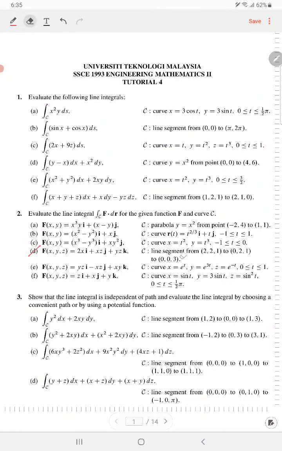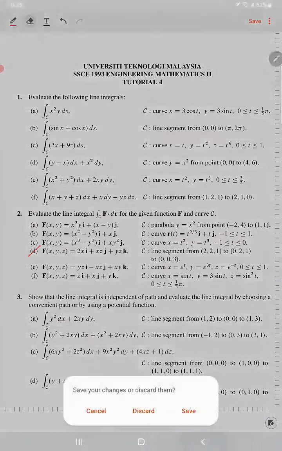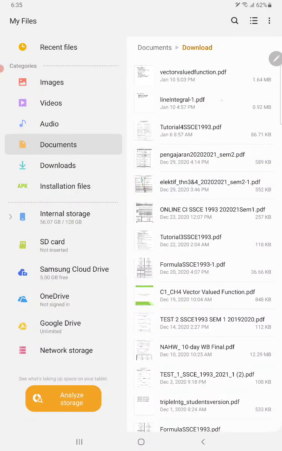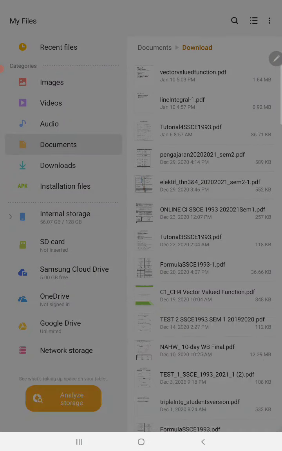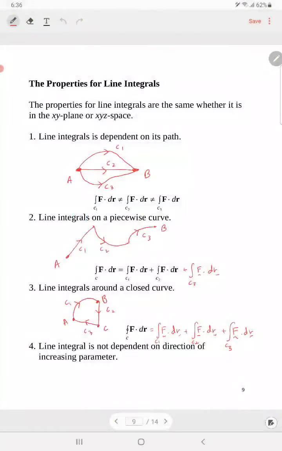Now let's look at our notes again on properties for line integral. Here we have the properties for line integral, item 2, line integrals on a piecewise curve.